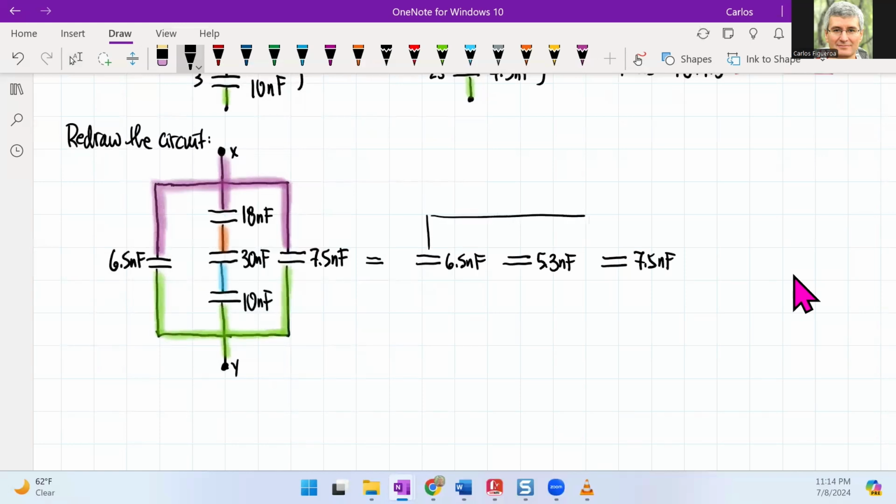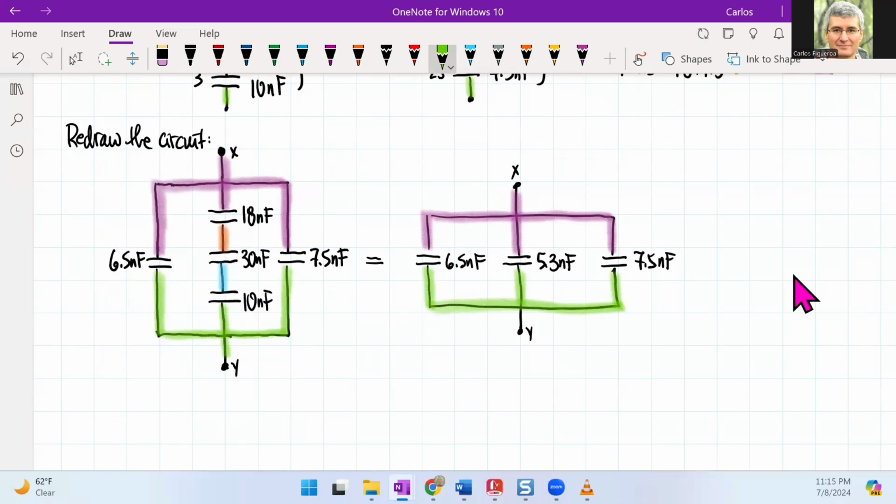When I'm looking at my circuit, this is the combination that I have. This is X, this is Y. I still have my purple node right here, and I still have my green right here. But the blue and the orange are now gone because of reductions.